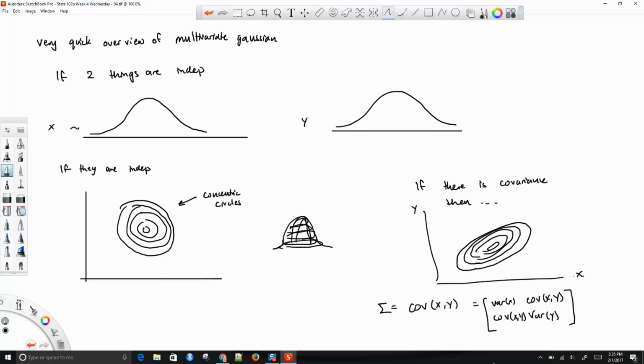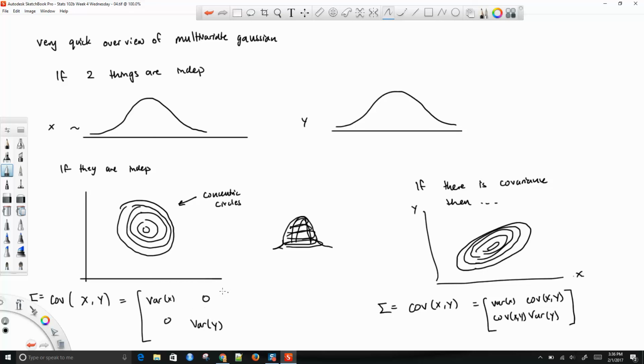You can just imagine if you have a very large data set, then you have all of these things here. The idea being, if x and y are independent, then what is the covariance in the variance-covariance matrix here? It's the variance of x squared and the variance of y, and then over here we have 0 and 0, if they're independent.